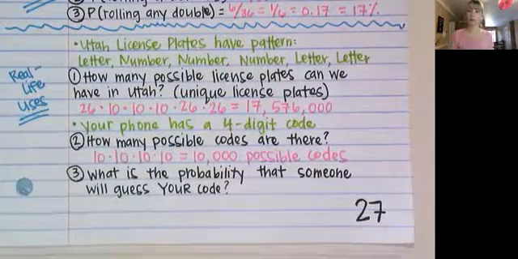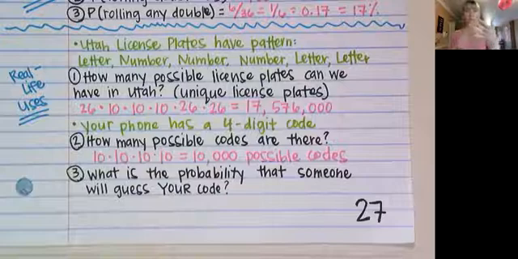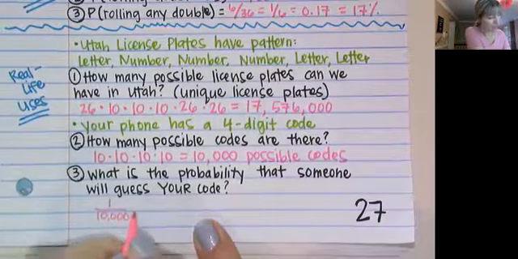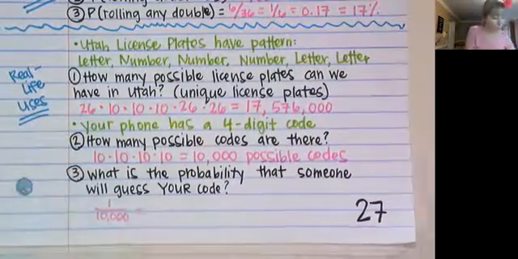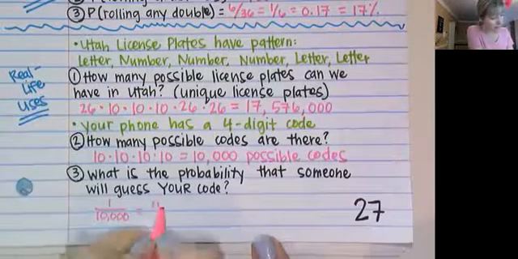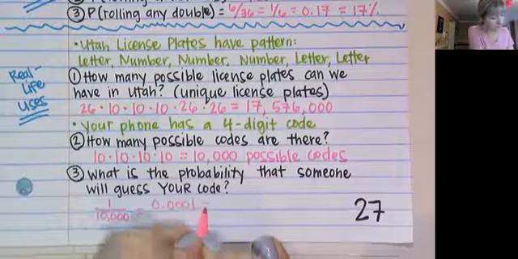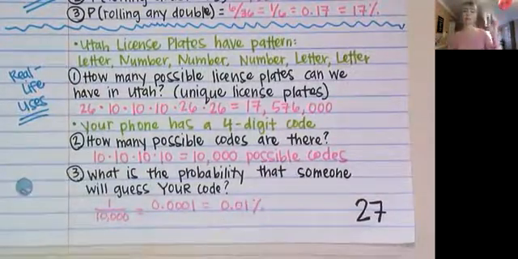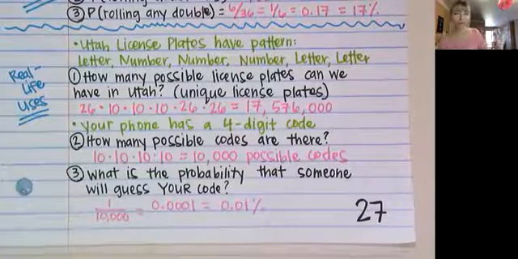If there are 10,000 possible codes, the probability that they will just pick up your phone and correctly guess yours is 1 out of 10,000. 1 out of 10,000 is 0.0001, which is 0.01%. That is only 1/100th of a percent.